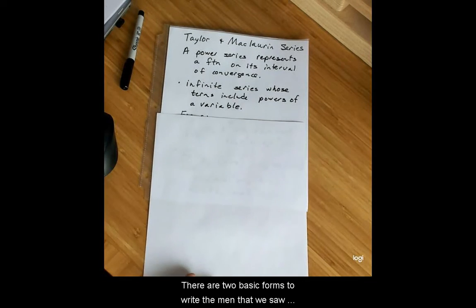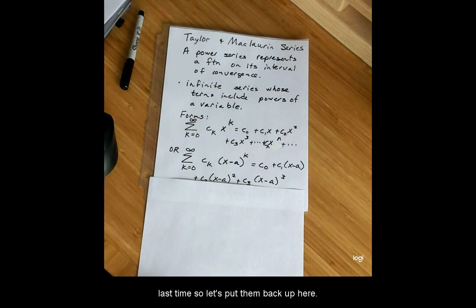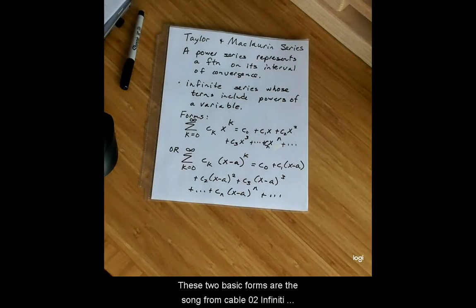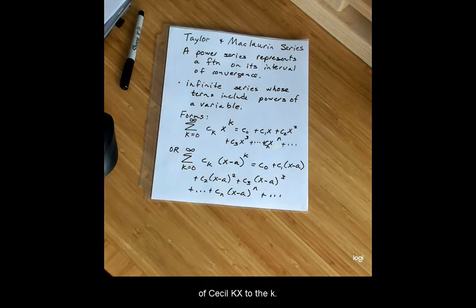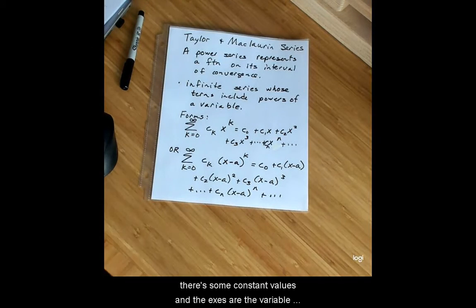There are two basic forms to write them in that we saw last time, so let's put them back up here. These two basic forms are the sum from k equals 0 to infinity of c sub k x to the k. And if we expand that, the c sub k are all constants. They're some constant values. And the x's are the variable, k is the index of summation.